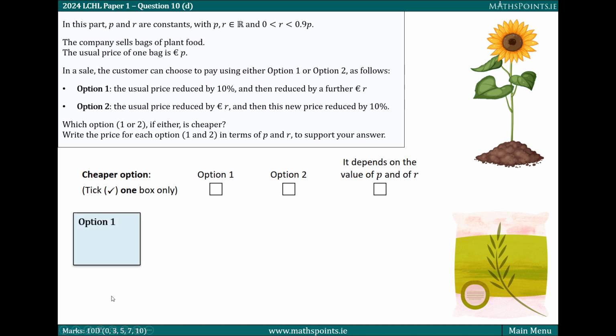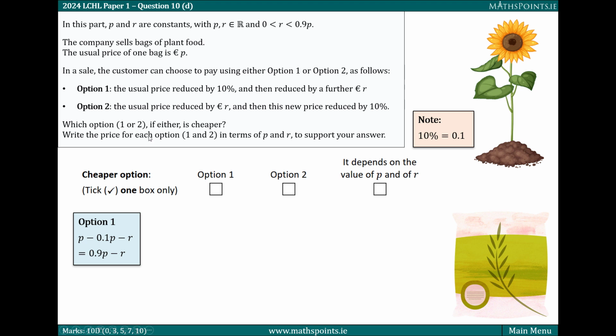Option 1, remember, was taking the usual price, P, minusing 10% of that, so 0.1P, and then minusing whatever the amount R is. Now, we can tidy this up and say that P minus 0.1P is 0.9P, and then minus R. So option 1 is basically getting 90% of the usual price and subtracting R.